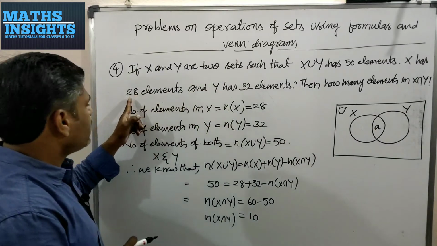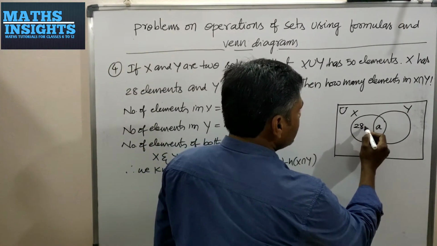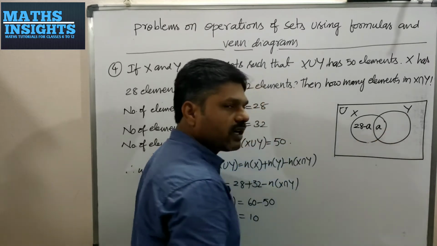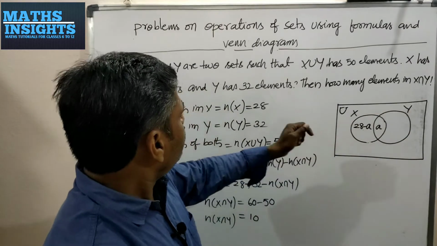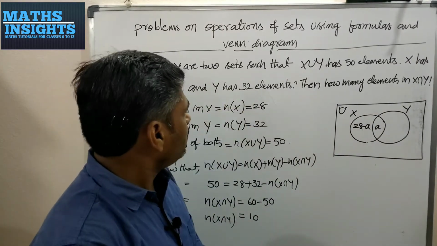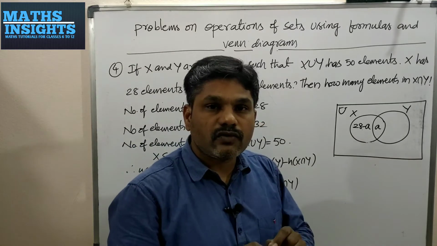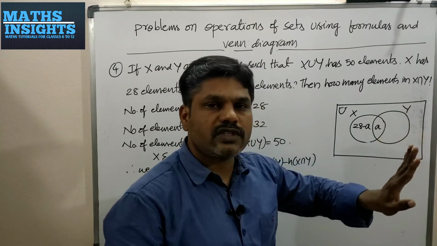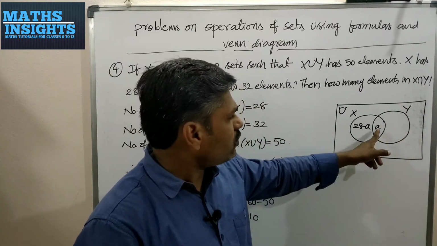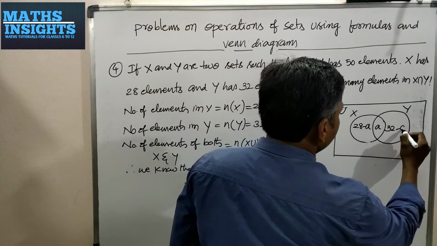Only in X means you have to remove those which are common to both X and Y. See, you have 28 elements in X, so this area will represent 28 minus a. Okay, you have to remove the common elements. And also if you observe the number of elements in Y, you have 32 elements. If you want the elements of Y only, this is the area which represents only Y. Therefore you have to remove this a again: 32 minus a.